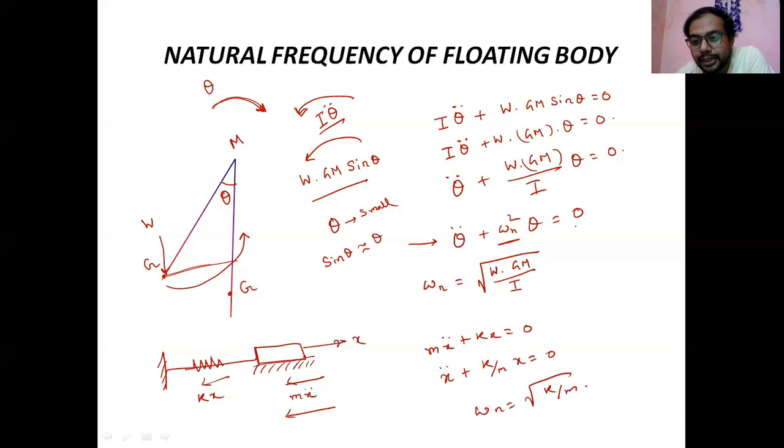But one more thing you see: for the sake of stability, we want to keep GM on the higher side. We try to raise the GM value. But if you increase the GM, the metacentric height, your omega n also will increase. What does it mean? Your natural frequency will increase. That will create discomfort for the passenger.